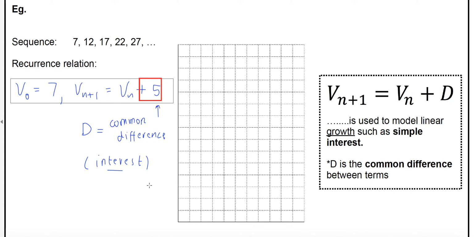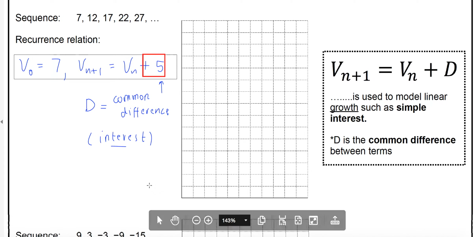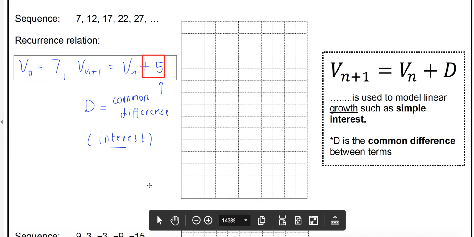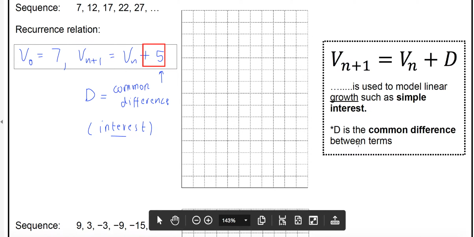Now I'm just going to graph that particular sequence here. Along this bottom axis here, the horizontal axis, that's going to be n. And so on the vertical axis here is going to line up with 0. So that's going to represent where we haven't actually added 5 just yet.